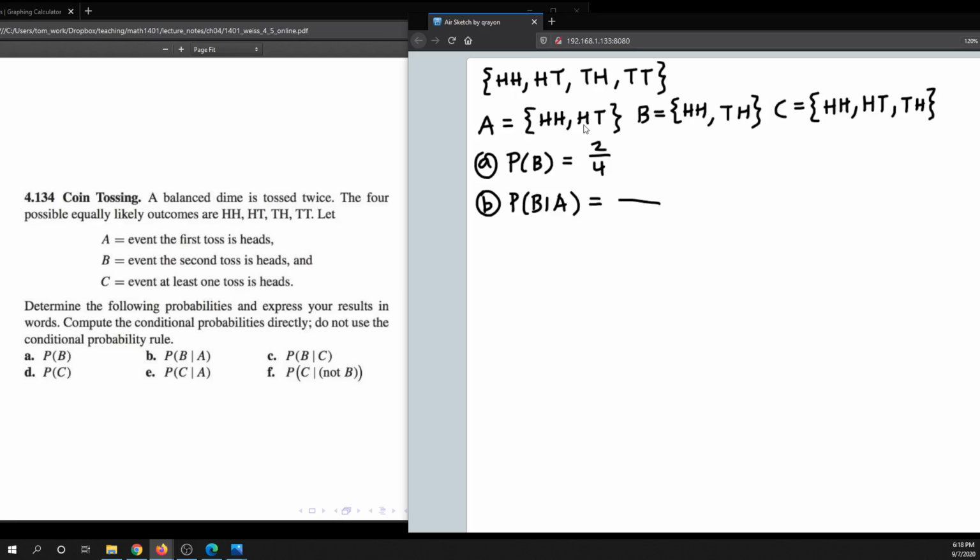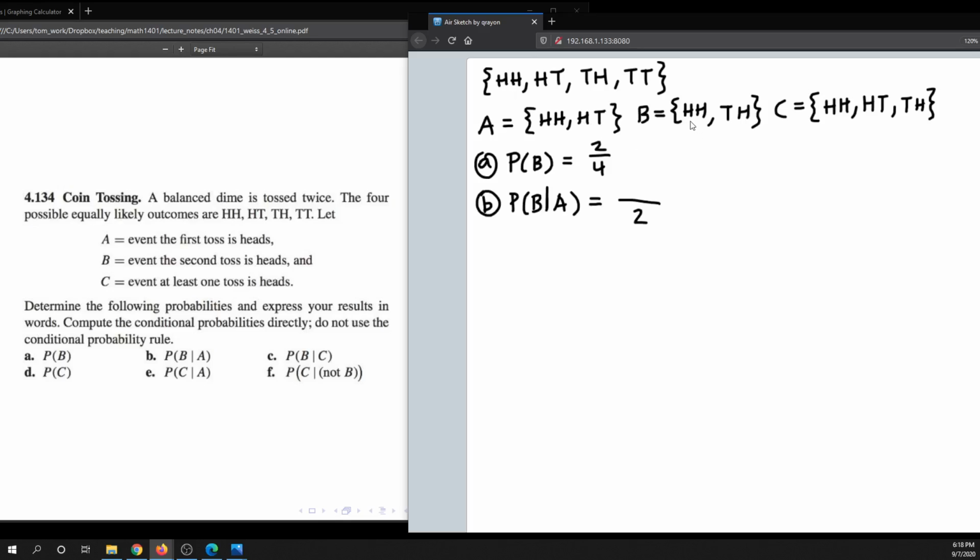So that means that the bottom number is no longer 4, right? But it would be the number of outcomes that are in the event A, the one that we're given has occurred, the one on the right of the vertical bar here. Okay. All right, so now the number that you would put on top would be the number of elements that are in B that are also in A. So I would just check.